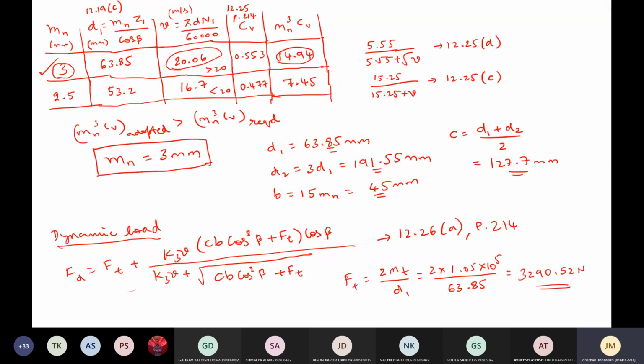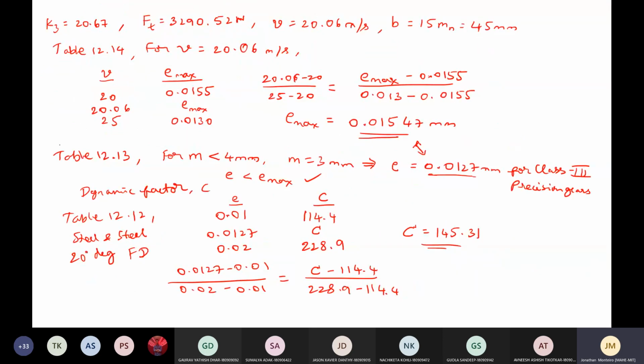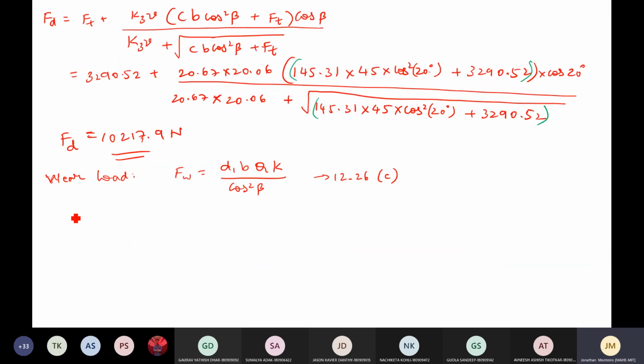So here D1 is 63.85, and then for Q you require both those values, 2D2 by D1 plus D2. Since the ratio is 3, this value comes out to be 1.5.